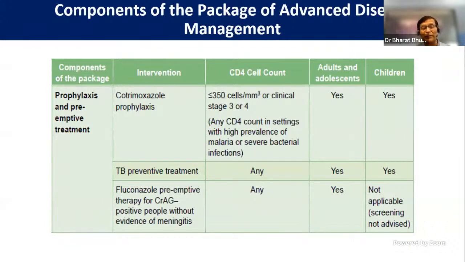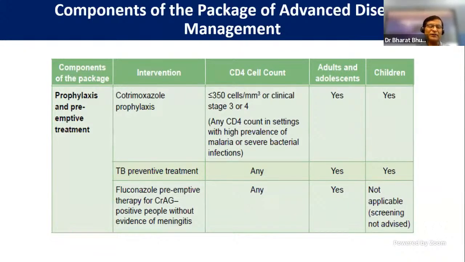Then fluconazole preemptive therapy for CrAg positive. We do a cryptococcal antigen lateral flow assay, and those who are positive but do not have evidence of meningitis, we provide preemptive therapy. Those who have signs of meningitis, we give full treatment, which includes induction therapy, maintenance therapy, and then you start ART.